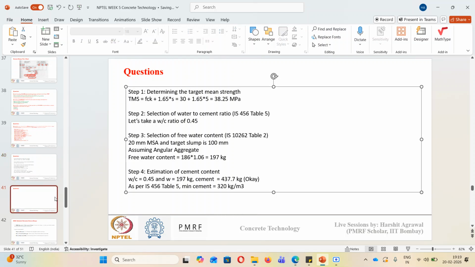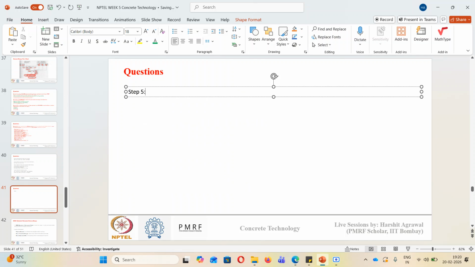Now the next step will be step 5, determining the total volume of aggregates.